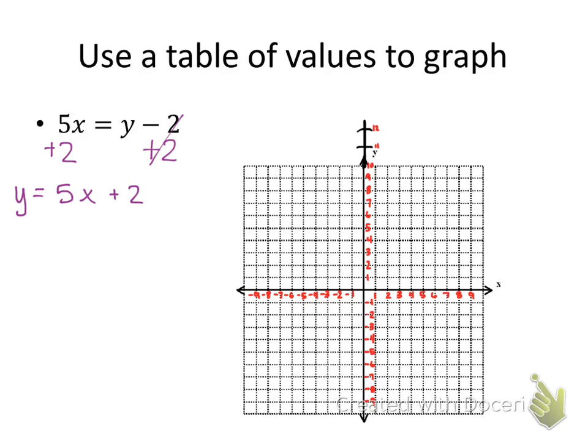All right, what do I do now? Now you make an X and Y chart. Very good. All right, what numbers am I going to use for the X and Y chart? You're going to use -2, 0, and 2. -2, 0, 2. All right, when I plug in -2, what does my equation look like?